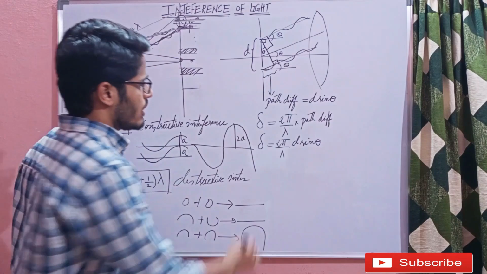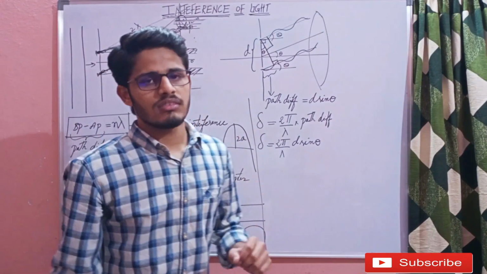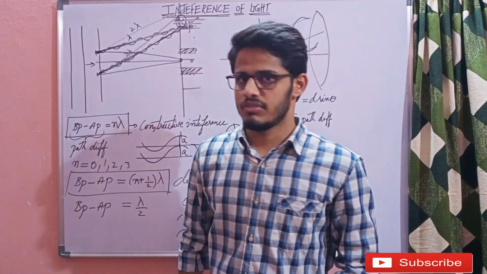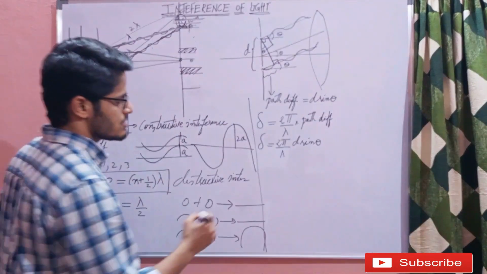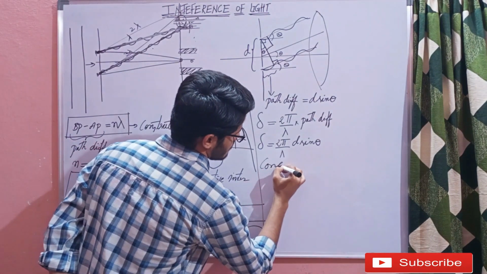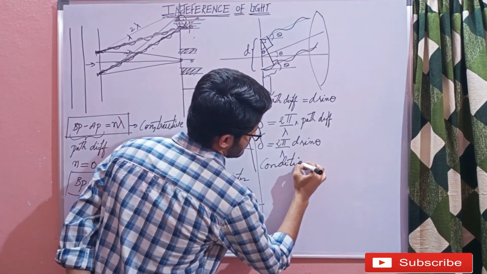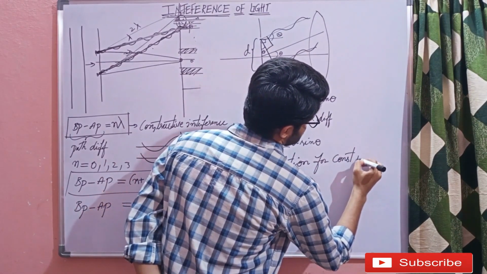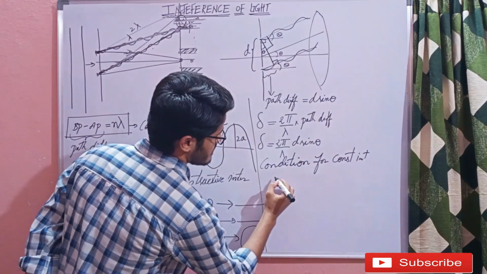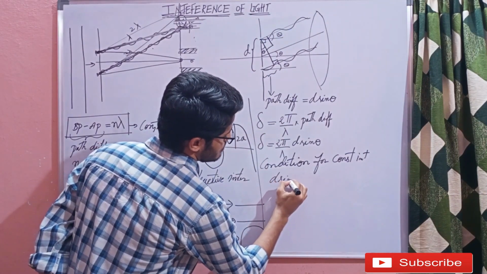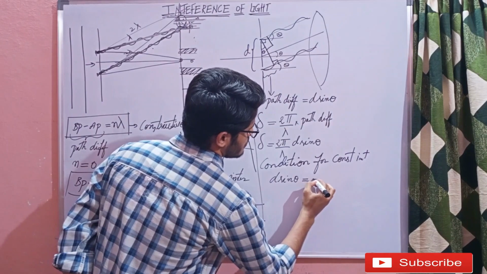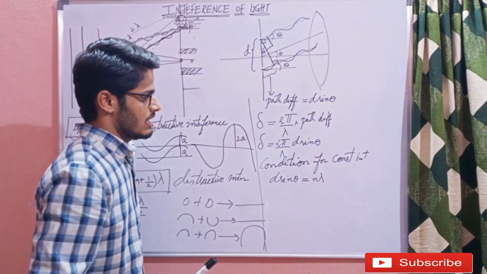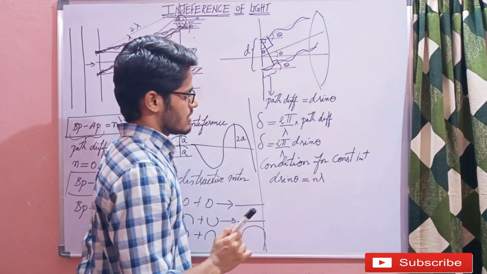So now I want to find out what should be the phase difference between two rays if I want to have constructive interference. The condition is that the path difference should be equal to n lambda. If the path difference is equal to n lambda, then we can have constructive interference.